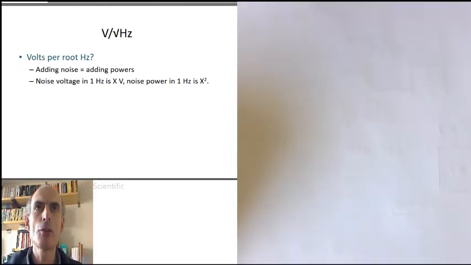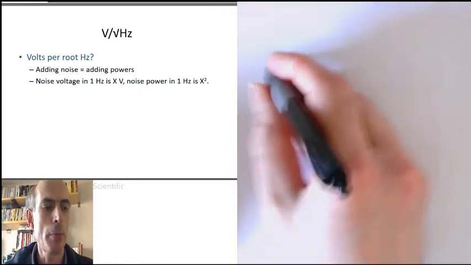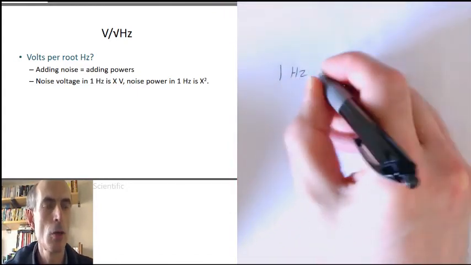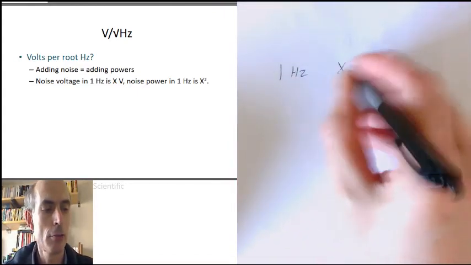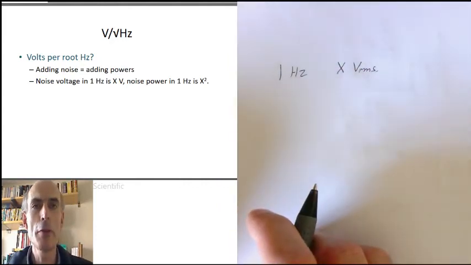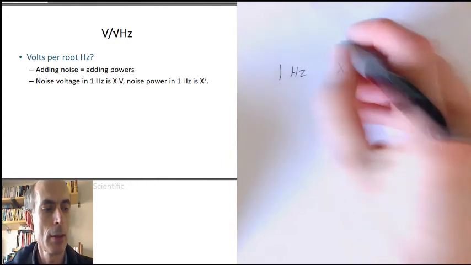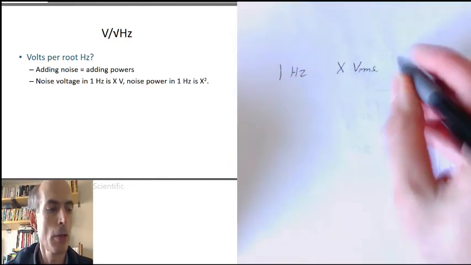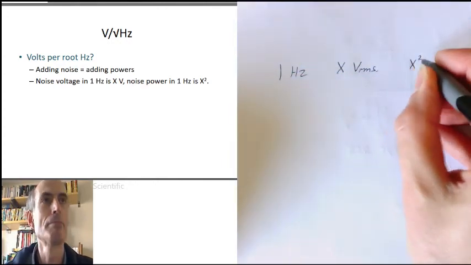Okay then, so supposing that the noise voltage in a 1 hertz bandwidth was X volts RMS. That would mean that the noise power in that 1 hertz bandwidth was X squared.